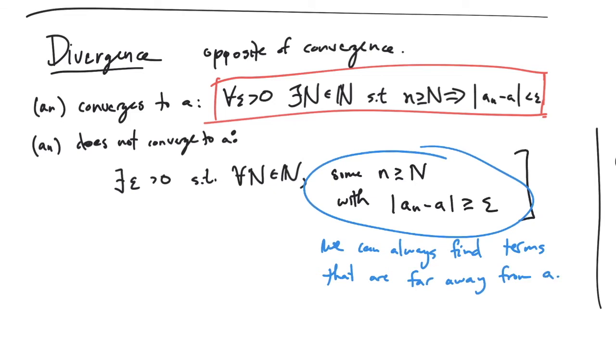The conclusion there, a_n minus a greater than or equal to epsilon, means that the term a_n is not super close to a. It's far away. Maybe not super far, but it is further away than epsilon. Remember, this epsilon is a there exists. So there's a specific distance where every so often one of the values is farther away than that distance.